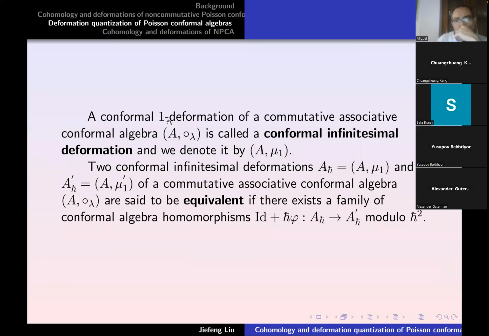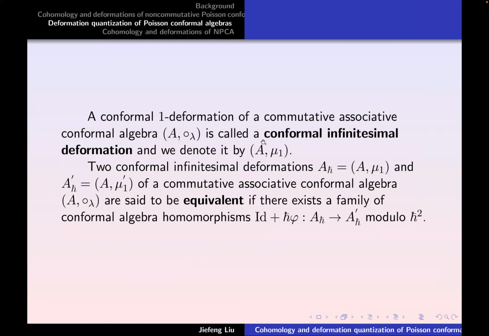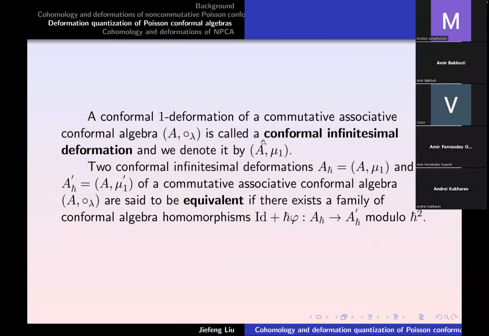Our conformal one deformation of our commutative associative conformal algebra A is called our conformal infinitesimal deformation, and we denote it by A_mu1.